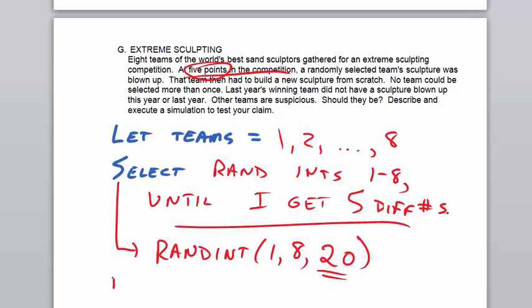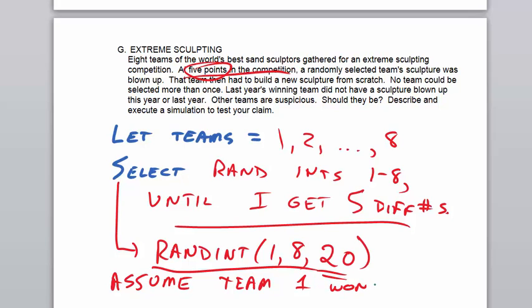And I need to figure out what's the probability that this one team can survive. So assume team number 1 won both years. I want to know the chances that team number 1 can actually survive this contest.